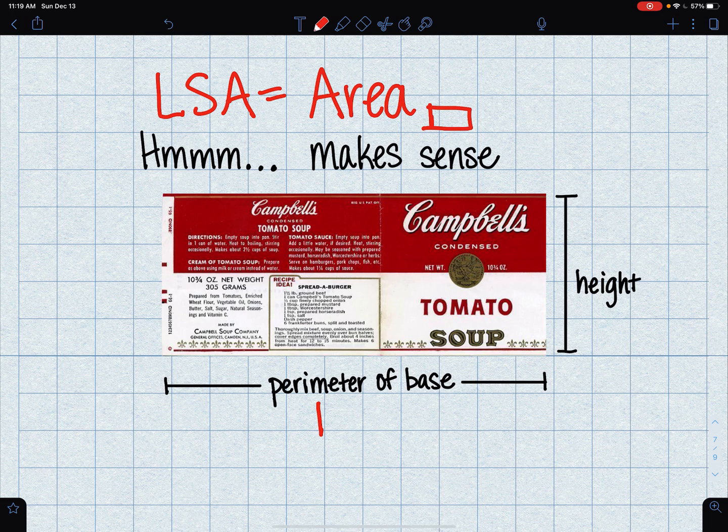And the base is just that perimeter around the base. It's this distance, that length. So it totally makes sense that the lateral surface area is the perimeter of the base times the height, because you're basically calculating the area of a rectangle if you were able to stretch it out.